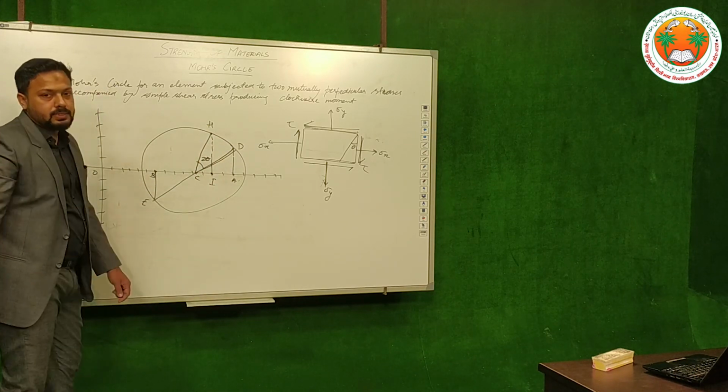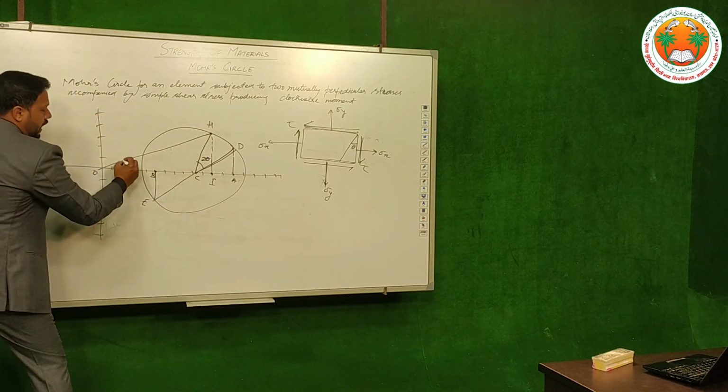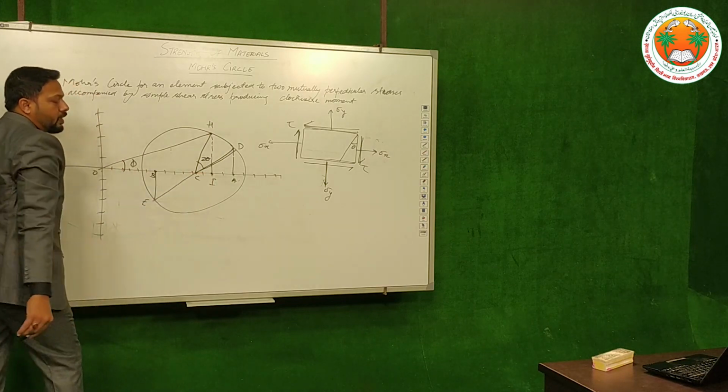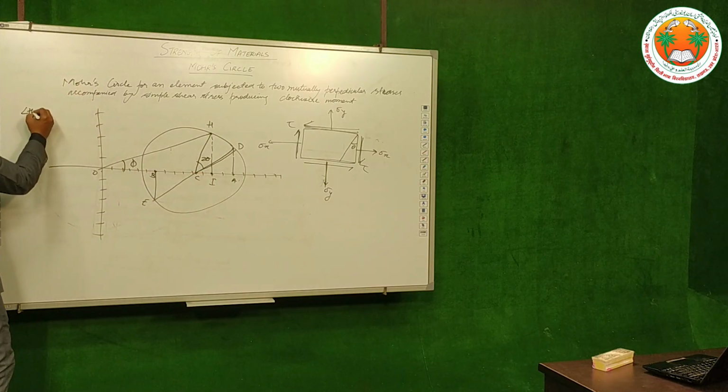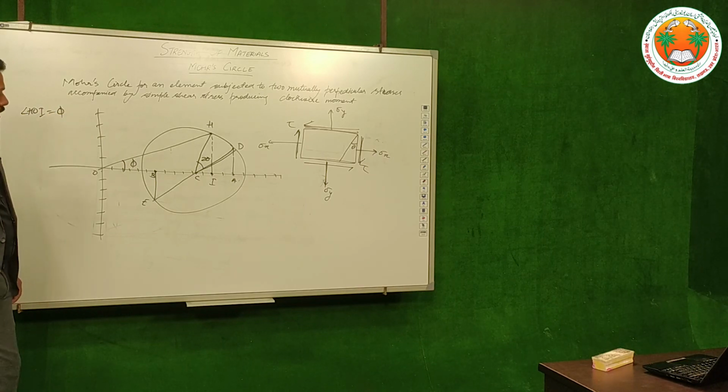It will meet the x-axis at I. We will join HO. The angle HOI is the angle phi. This is the angle of obliquity.